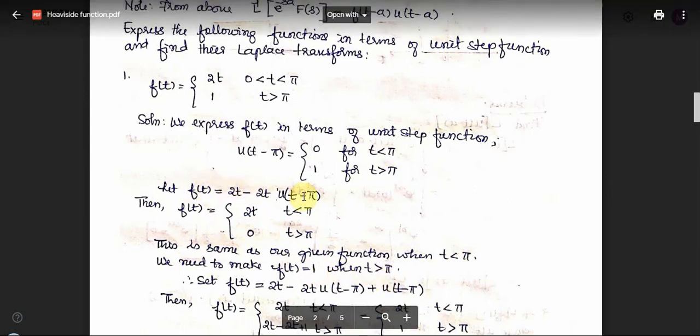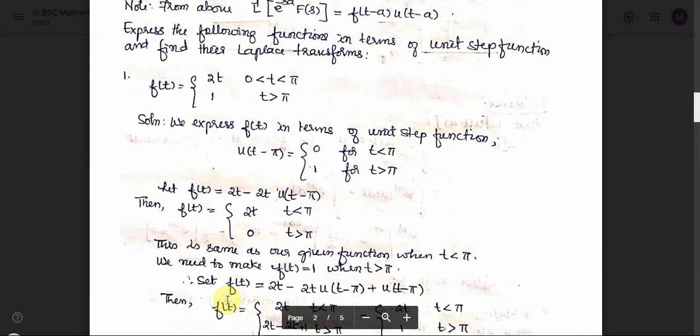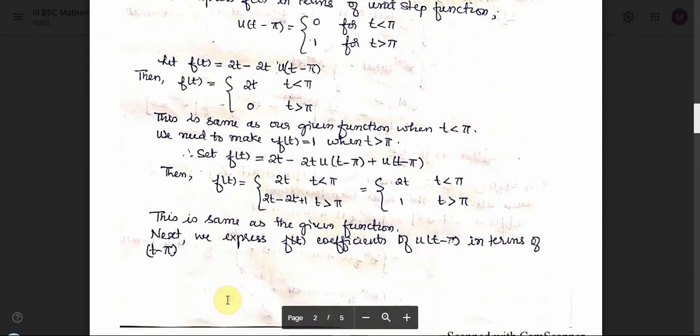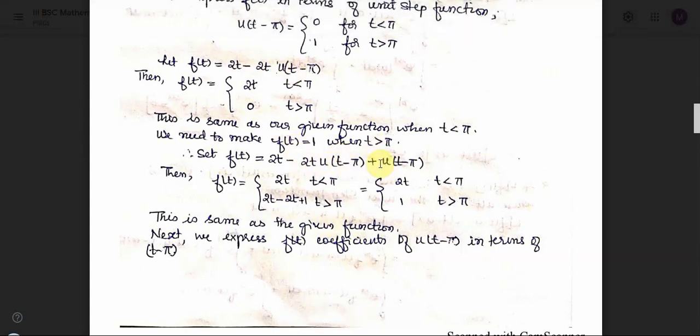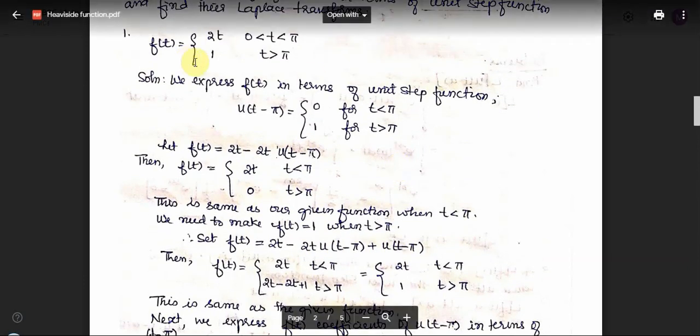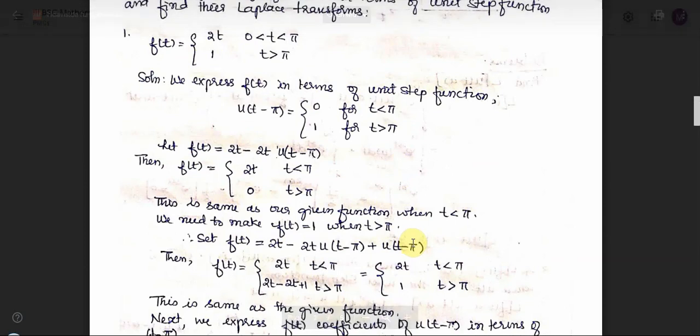Therefore, we will take the same function and make a few iterations again. Now what is the iteration we need? Set f of t equal to 2t, which is the same, minus 2t into u of t minus pi, that is the same, plus u of t minus pi. Why we do this is, I take the second part and multiply by u of t minus pi.